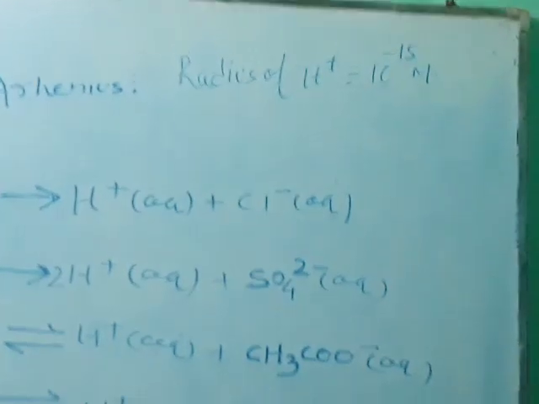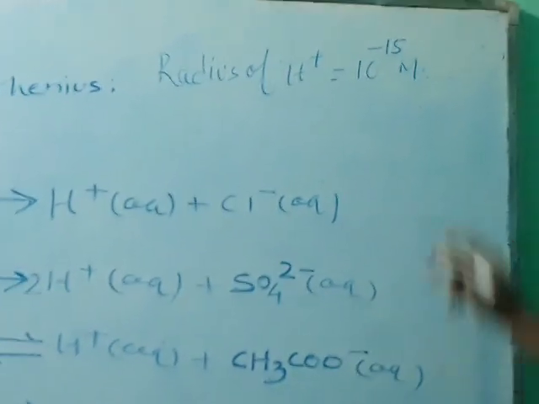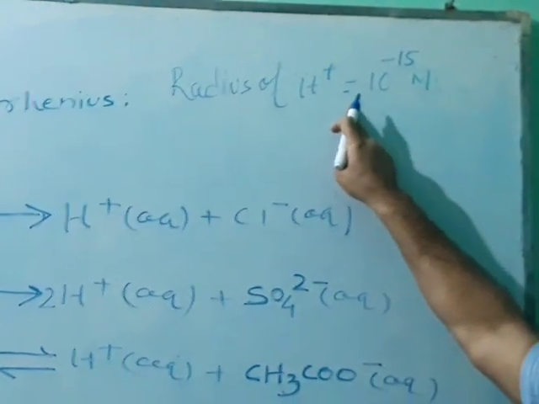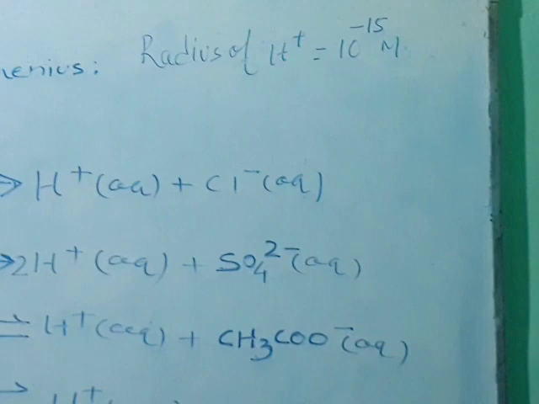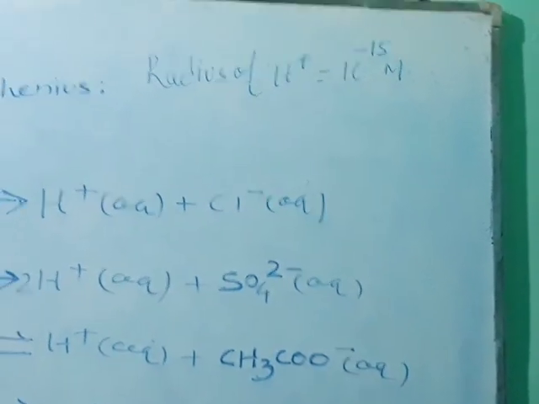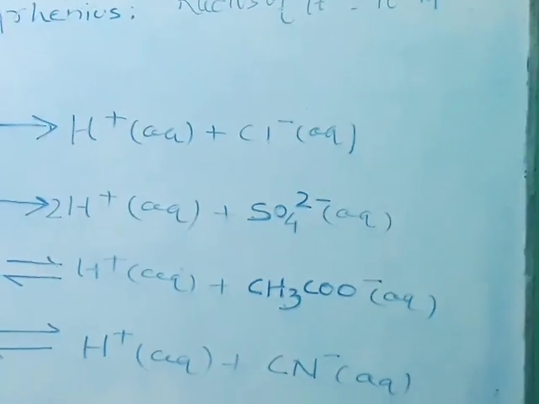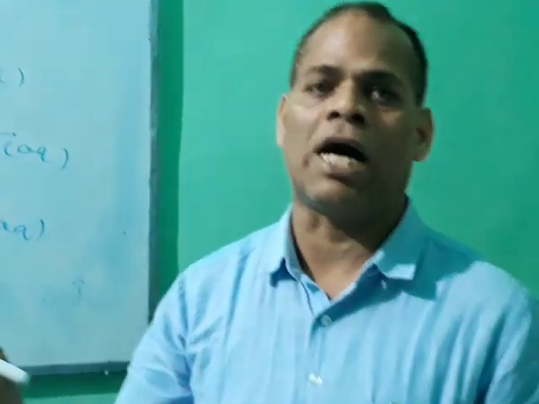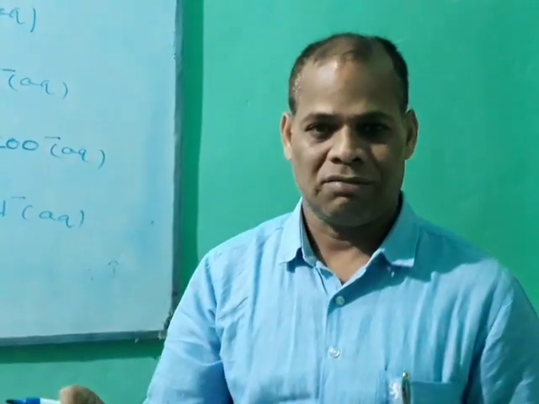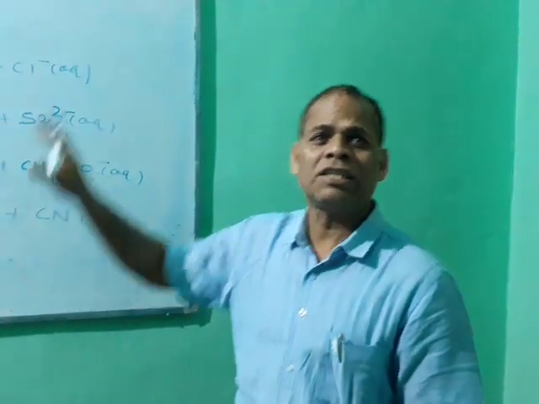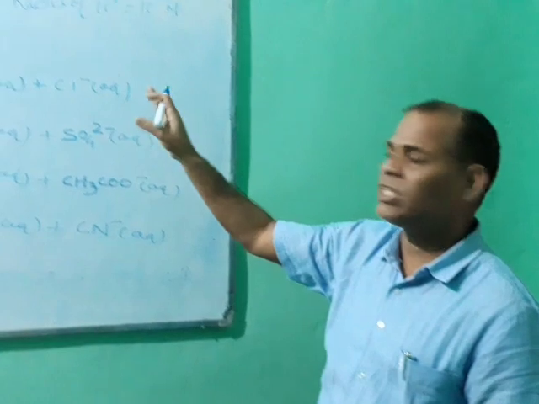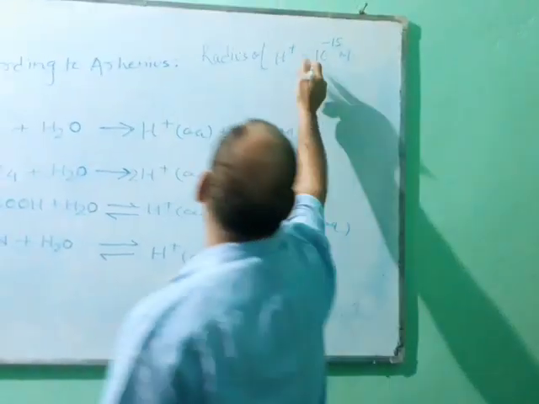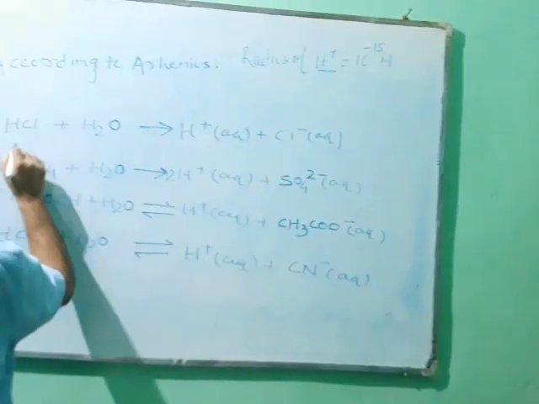The radius of hydrogen ion is extremely small, 10 to the power minus 15 meter, and it has intense electrical charge, due to which it does not exist. Immediately it combines with water.